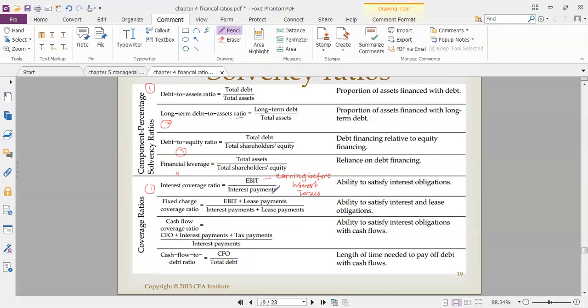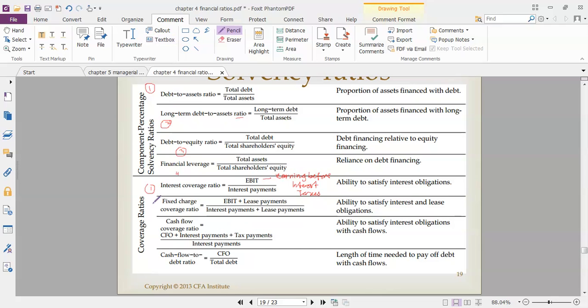How much interest is paid by the company? So we will know the interest coverage ratio and assess the ability to satisfy interest obligations, whether the company is able to pay its interest obligation.